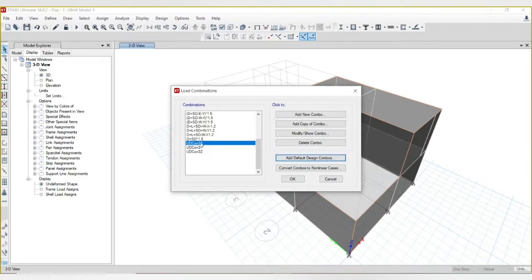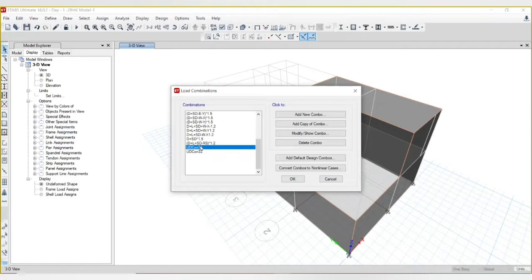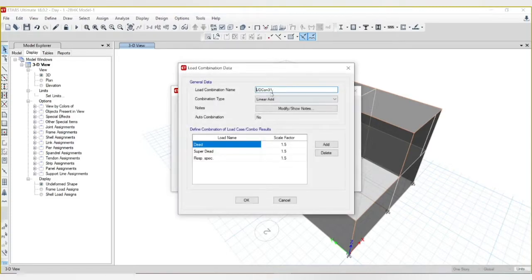Now here you can see that this is dead load, live load, super dead load and response spectra. Response spectra into 1.2, and now this is dead load, live load, super dead load and response spectra.